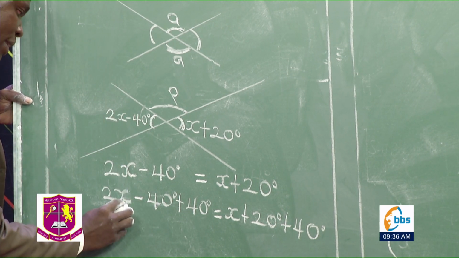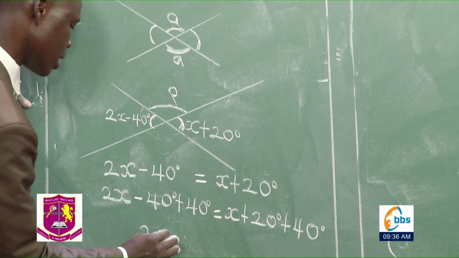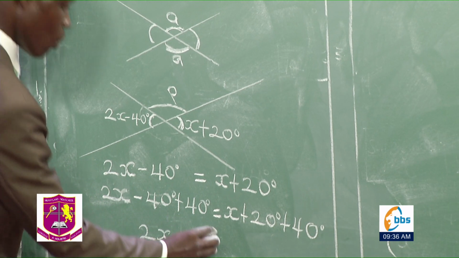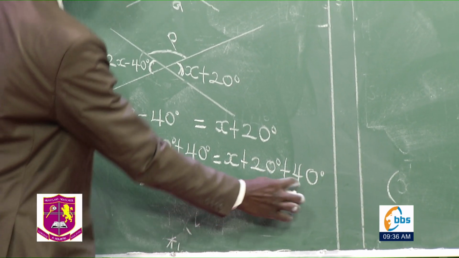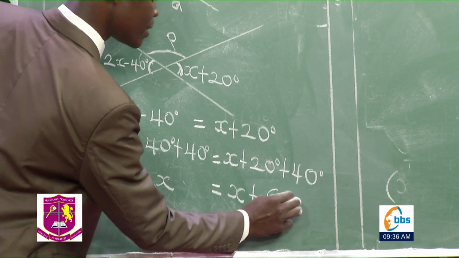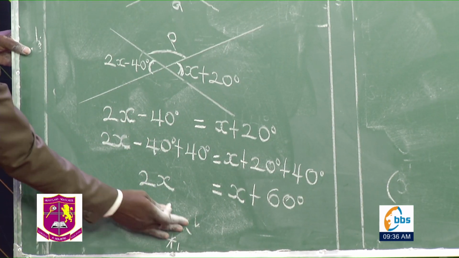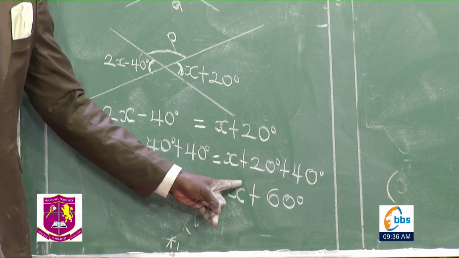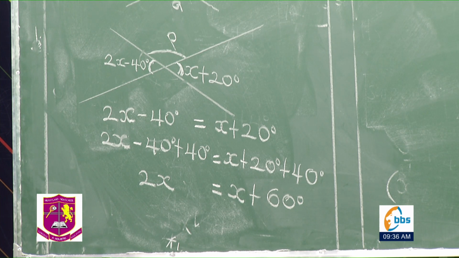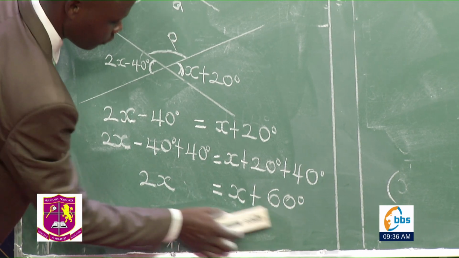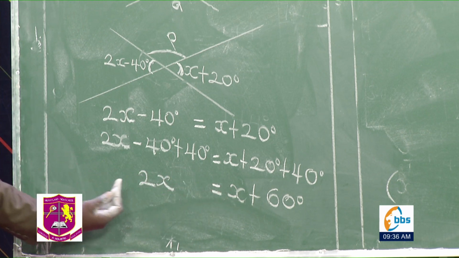So when you get 2x minus 40 plus 40 degrees, here we shall remain with the 2x, because minus 40 plus 40 is 0, which is equal to x plus, now when you get 20 degrees plus 40, you end up with 60 degrees. So the next step is to bring also this x to this side. Since it is a positive x this side, when it crosses this side, it will be minus.